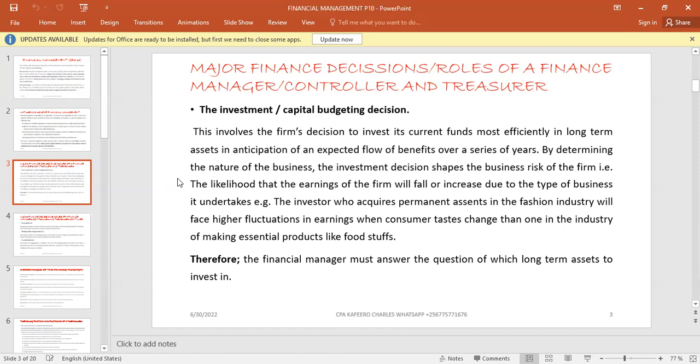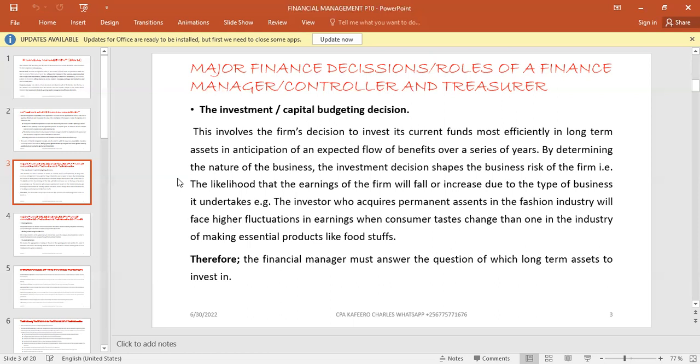This business risk is in terms of what the business is trying to engage in, if it is sugar manufacturing, if it is cement manufacturing, and all of that. When you select, let's say, a sugar manufacturing firm, you find that there are other associated risks involved within sugar manufacturing.